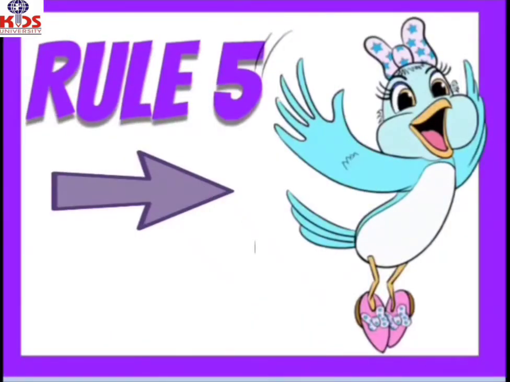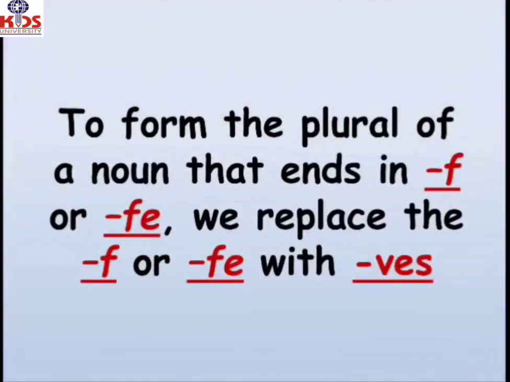Now let's discuss rule number 5. To form the plural form of a noun that ends in f or fe, we replace the f or fe with ves.